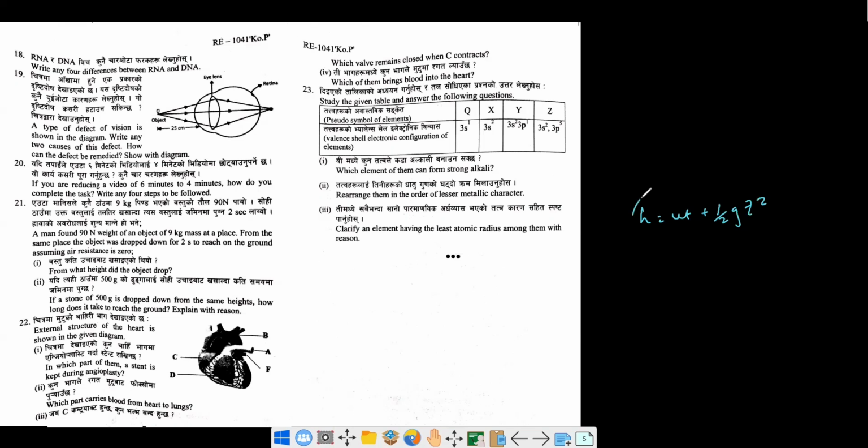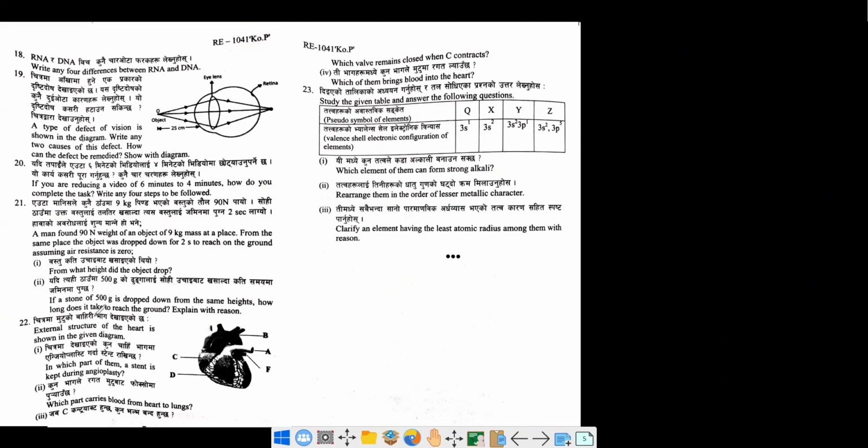Okay, so height simply depends on the initial velocity and acceleration due to gravity. So time has nothing to do with the mass. That's why if a 5 kg object is dropped in 2 seconds, the object of 500 gram will also take the same time. Okay, so time is 2 seconds.